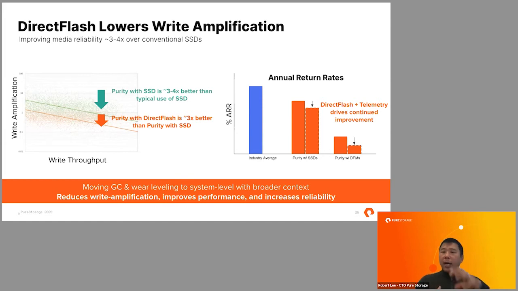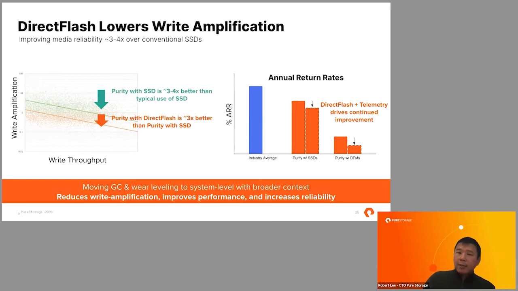And so you combine those two, and you're looking at about a 10x reduction in write amplification, as compared to your typical SSD usage. That's really important in terms of how it extends lifetimes and drives better endurance, through simply preserving PE cycles by not having all that write amplification.